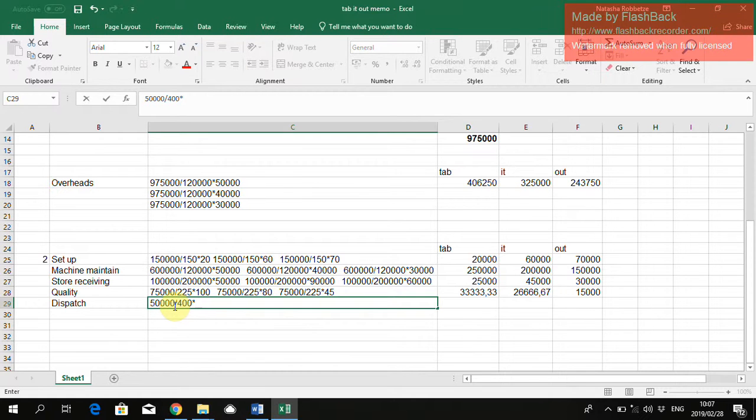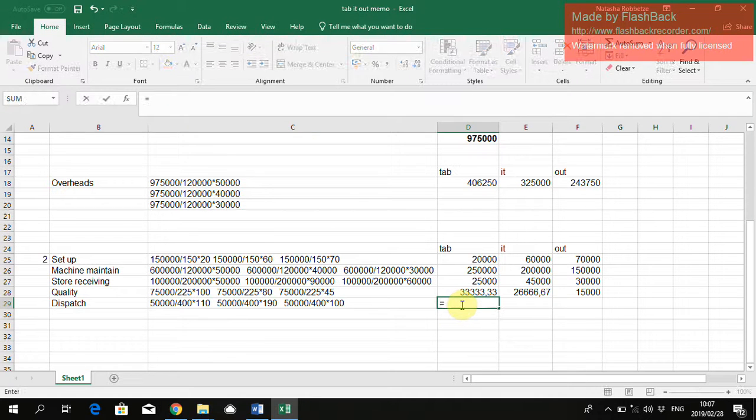In the first instance, we times by 110. Then 50,000 divided by 400. In the second instance, we will have to times by 190. And for out, it's going to be 50,000 divided by 400, and we're going to times that by 100.